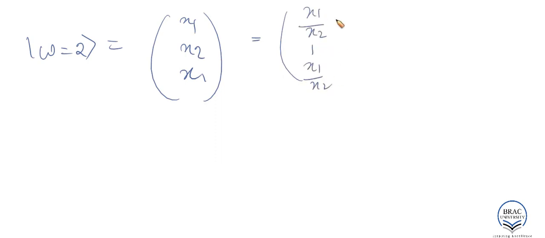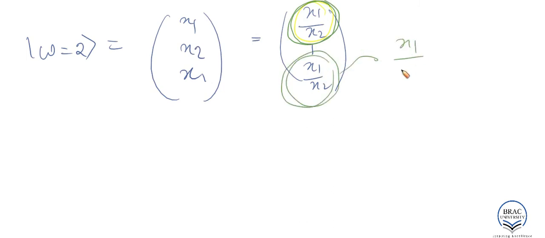So the entries over here and the entries over here are determined by this ratio.